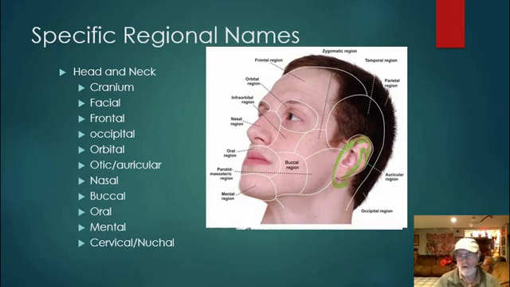That's called the auricle. It's like a horn that collects sound waves and sends them down through the auditory canal to the eardrum. So this is called the otic region or the auricular region. When they write a prescription for ear drops, they're otic drops, because they go in the ear.